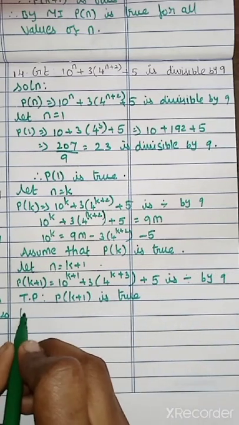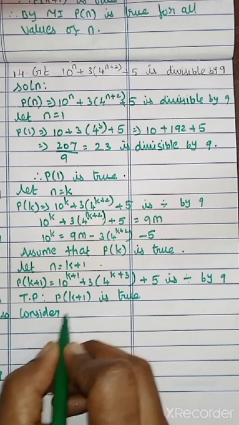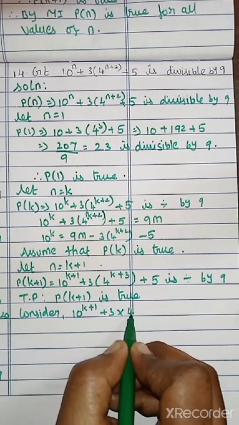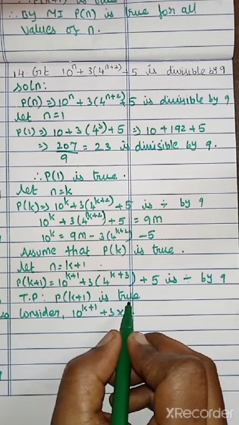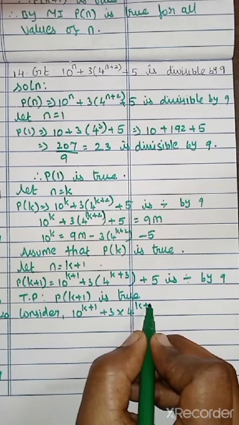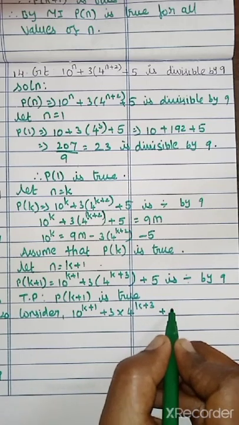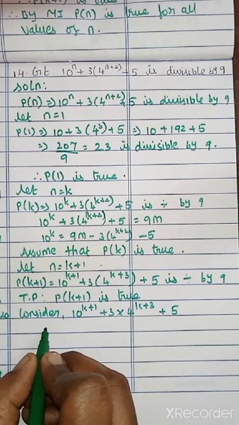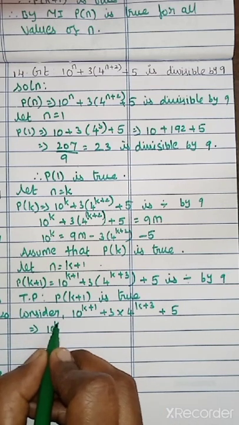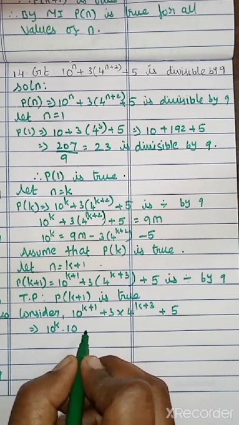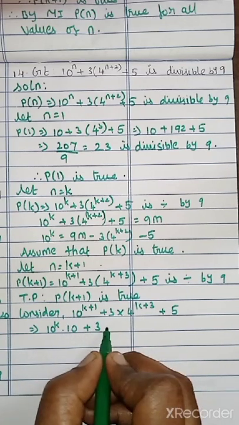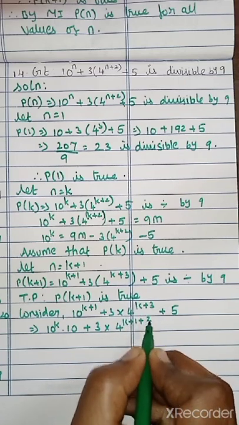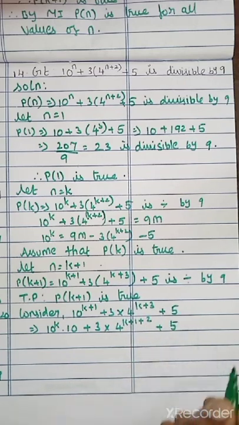Now consider 10 power k plus 1 plus 3 into 4 power k plus 3 plus 5. Now we can simplify this as 10 power k into 10, correct, plus 3 into 4 power k plus 1 plus 2 plus 5.